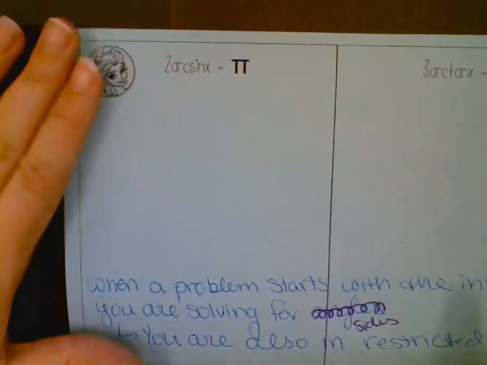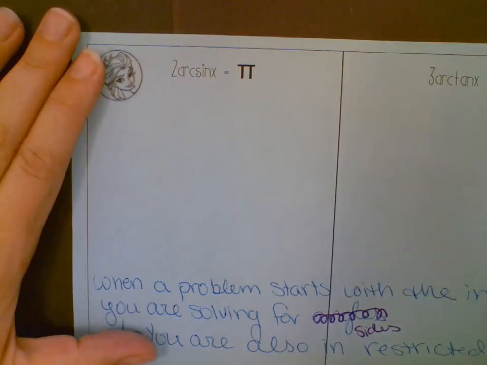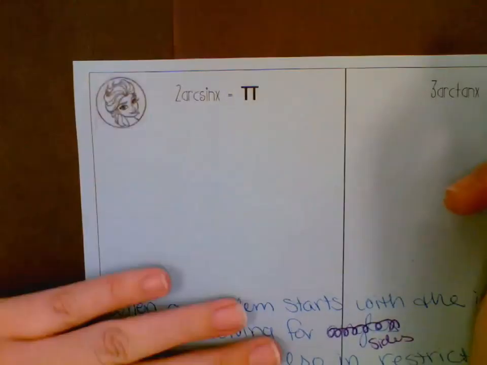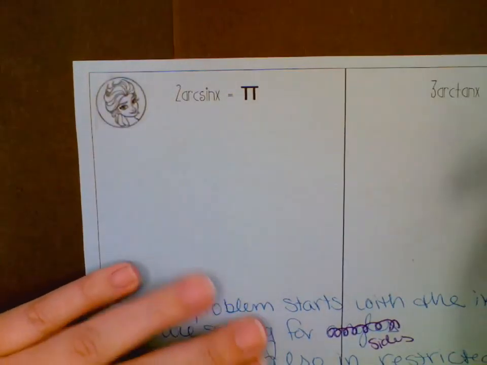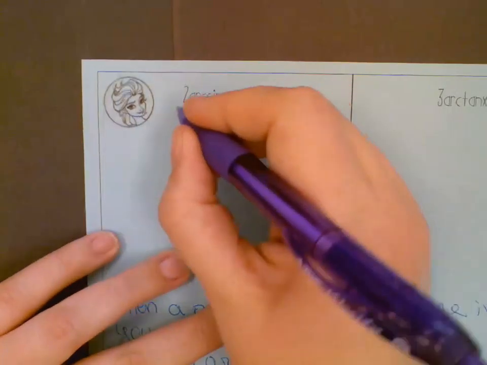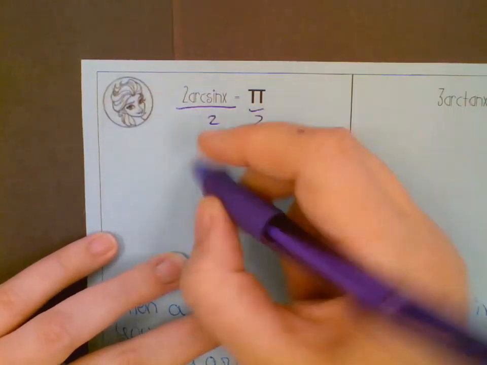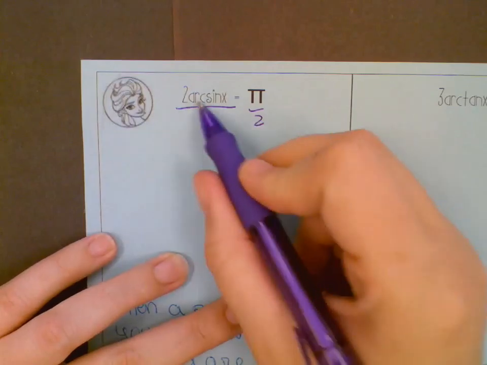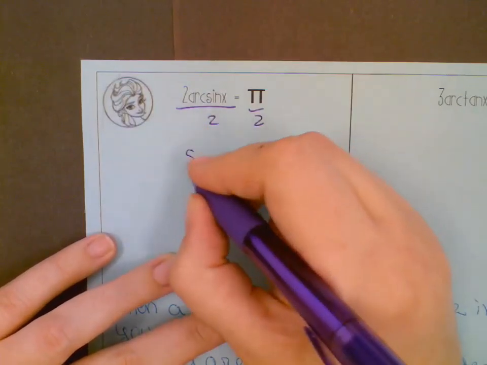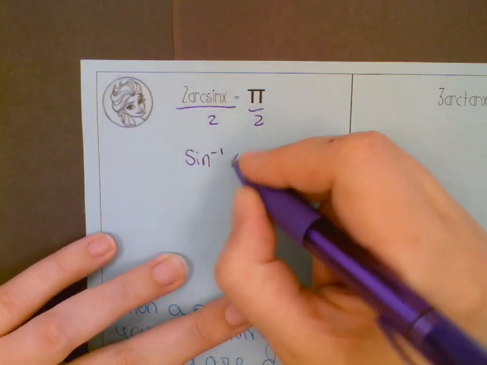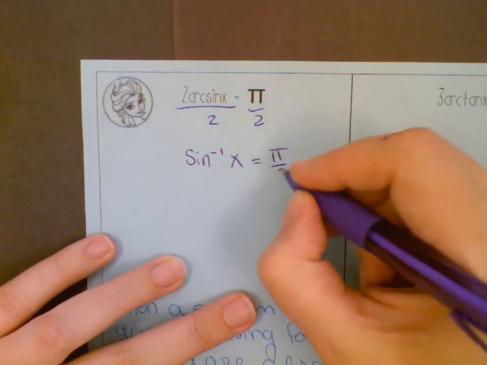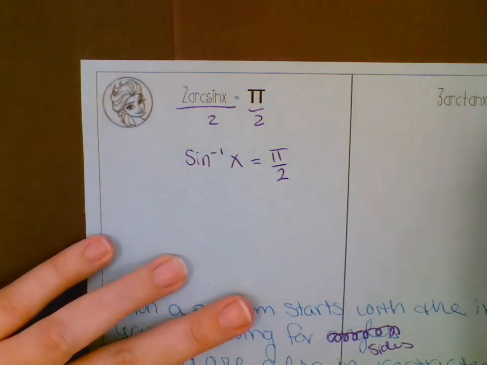Okay, so our first example says 2 arcsine of x equals pi, so we need to get the x by itself. So we would divide by 2. So we can write it as arcsine, or you can write it as sine -1. I like doing the sine -1, it just seems faster. And then what would we do to get x by itself?